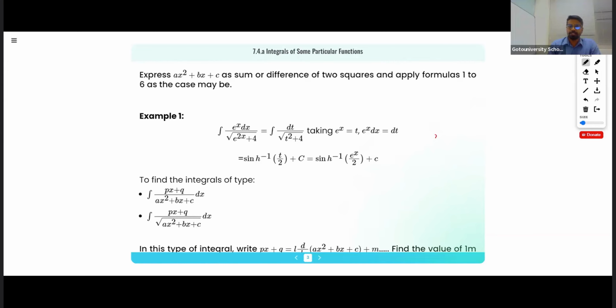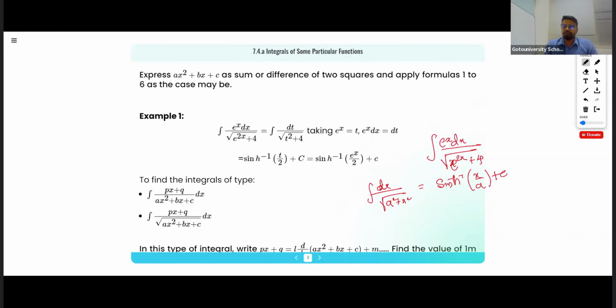So what we have is the integral of e power x dx divided by root of e power 2x plus 4. This is the form dx divided by root of a square plus x square, which is sine hyperbolic inverse of x by a plus c, right? So that is the format.